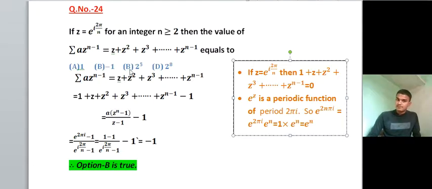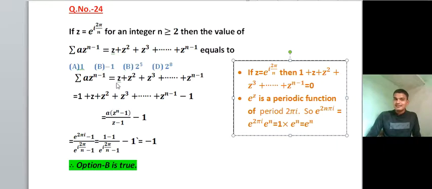If a 1 is added there, then it will take the form of a geometric series. To solve this, I need a geometric series here, so I will add one. I added one here.